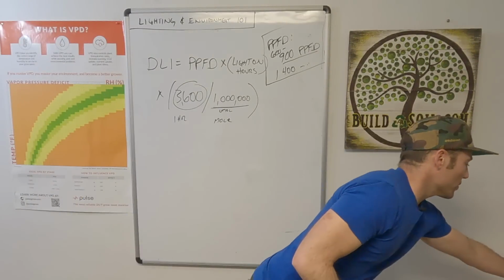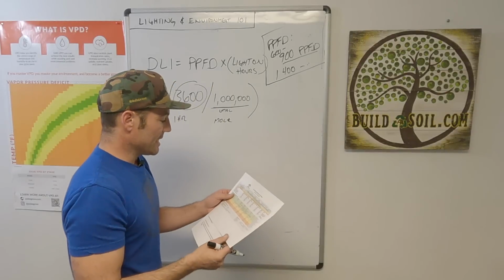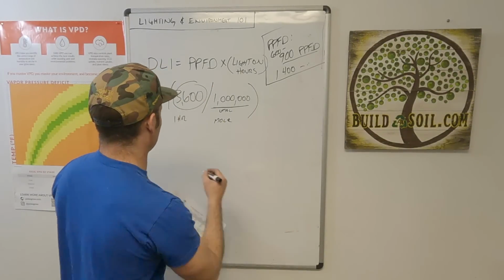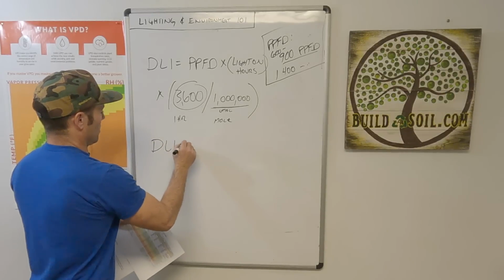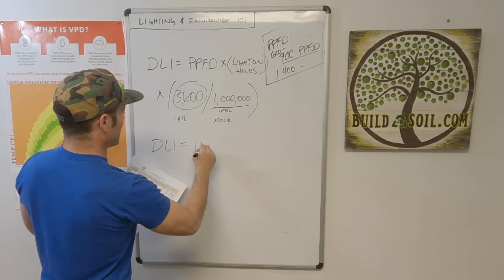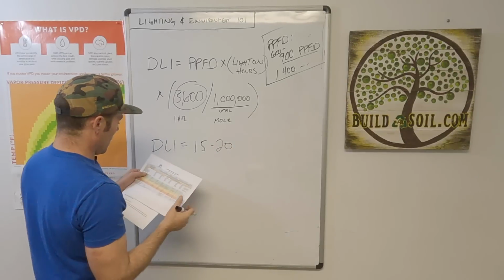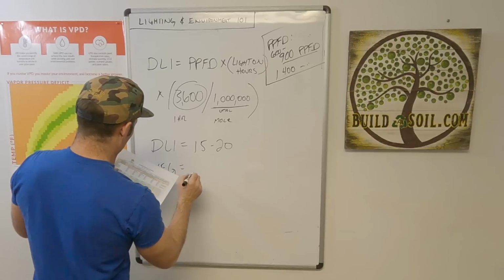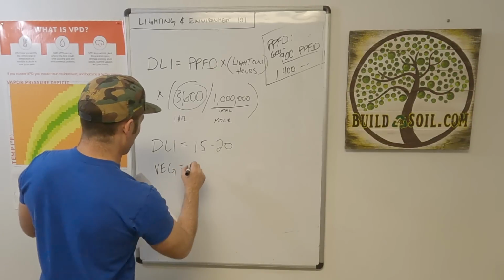And so I'll give you some numbers on here real quick. DLI, when it comes to seedlings or rooted cuts, we're in the 15 to 20 range. And then when we're in veg, all right, on our chart here, it's 30 to 40.